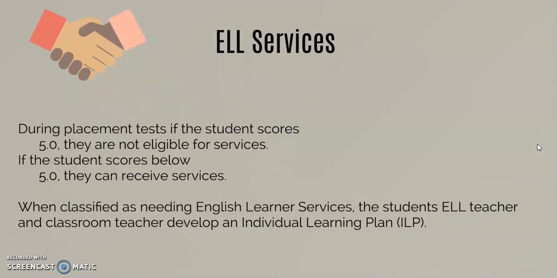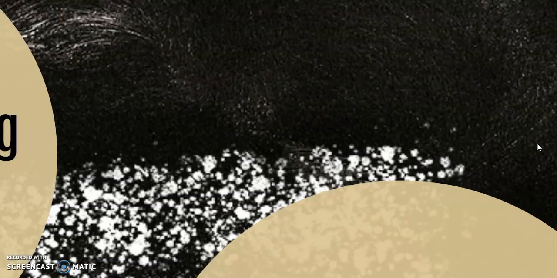During placement tests, if a student scores 5.0 or higher, they are not eligible for services. If they score below 5.0, they are. When classified as needing English learning services, the ELL teacher and classroom teacher develop an individual learning plan, which I think is pretty incredible, and I want you to remember that individual learning plan on our next slides.